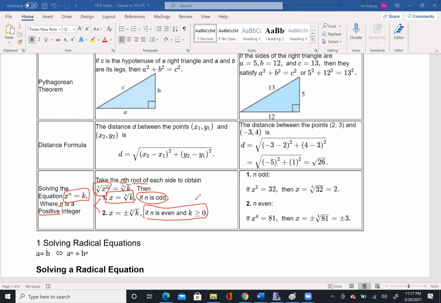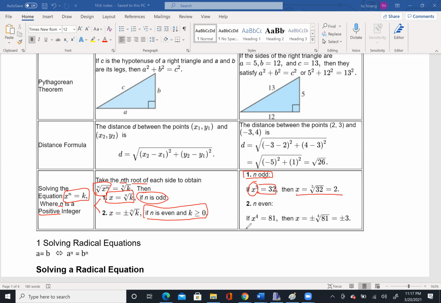Okay, so here are some examples. If n is odd, you have x to the fifth equal to 32. So we're going to take the fifth root of both sides and get x equal to the fifth root of 32, which is equal to 2.